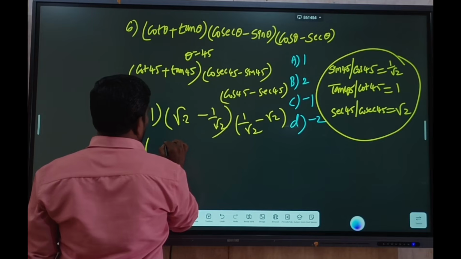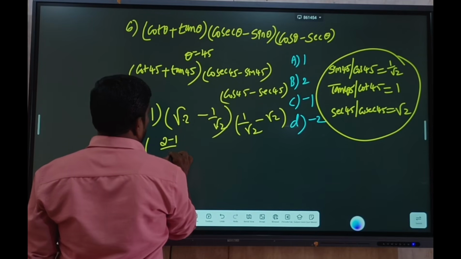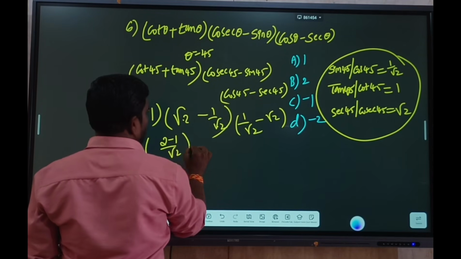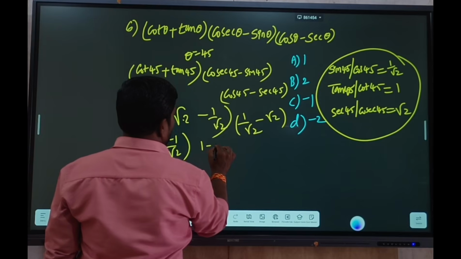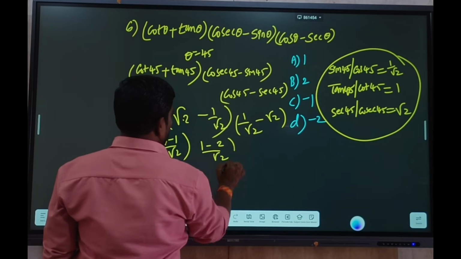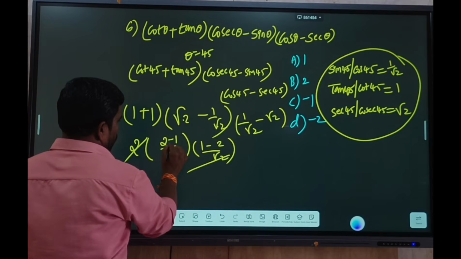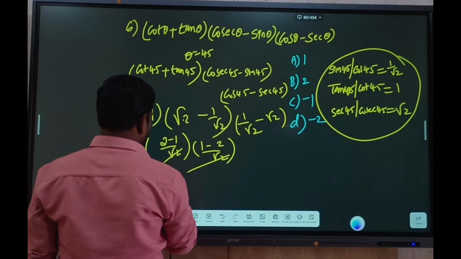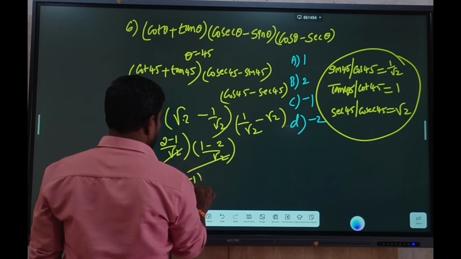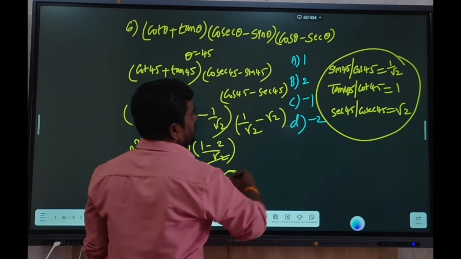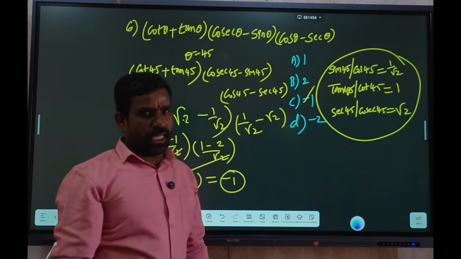Root 2 into root 2 square, root 2 square means 2, minus 1 by root 2, so root 2 and 2 cancel, 2 minus 1 is 1. Then 1 minus 2 is minus 1. So 1 into minus 1 is minus 1. The answer is minus 1. Option C is the correct answer.